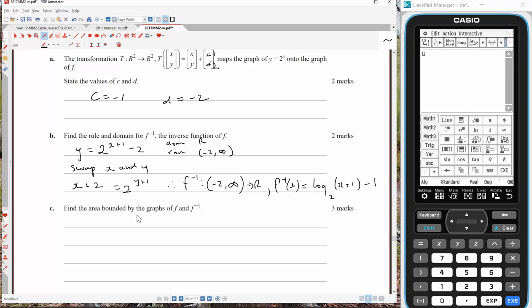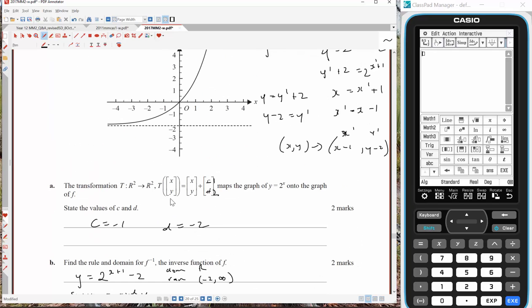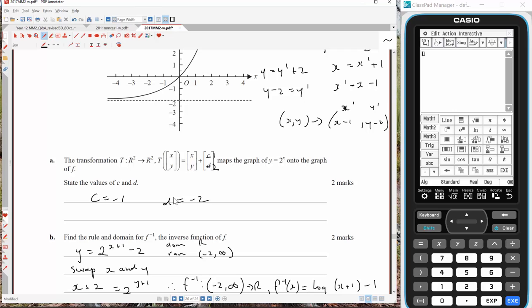Right, find the area bounded by the graphs of f and f-1. So I can sort of see what's going to happen here: we've got this log, we go like that, and it will intersect with the original function.